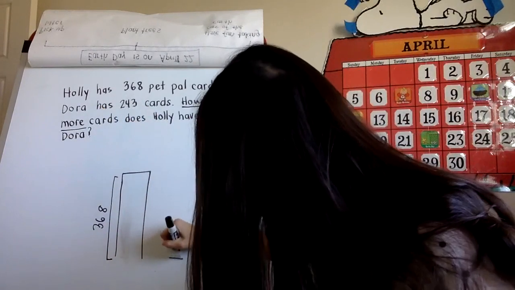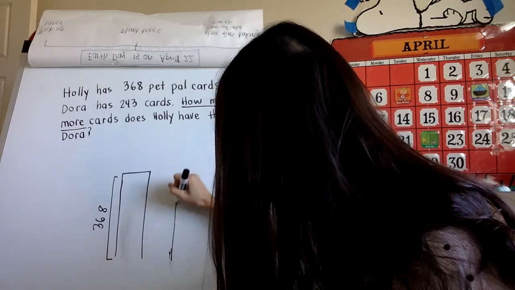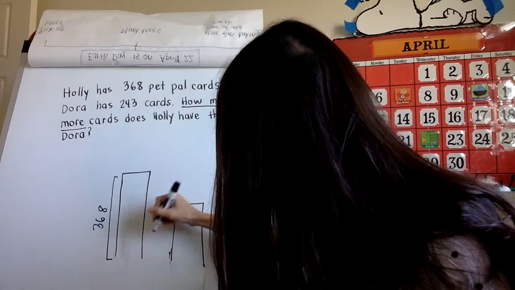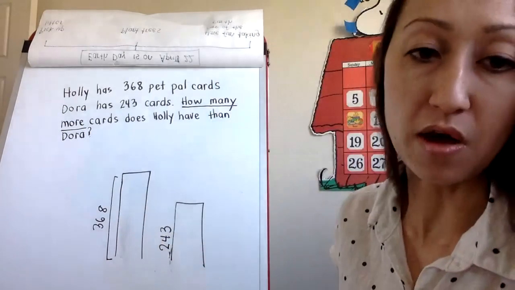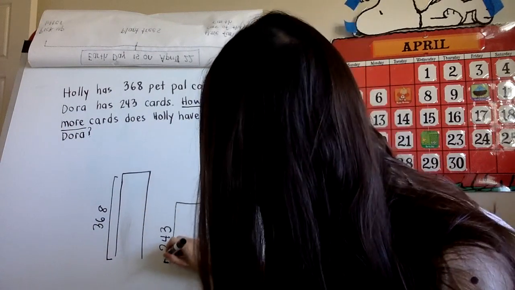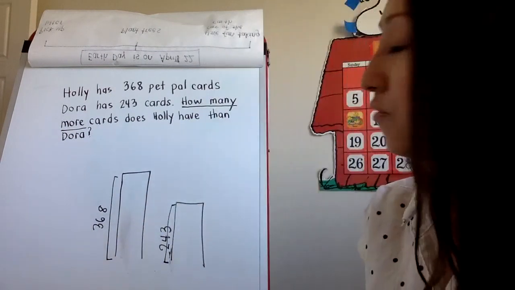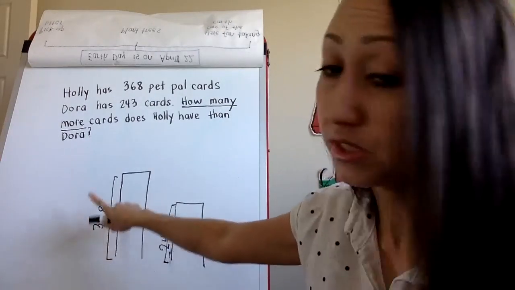Dora has about this much. And this represents her 243 Pet Pal cards, all stacked up on top, okay? So from here to here is 243, and this bar model represents 368.